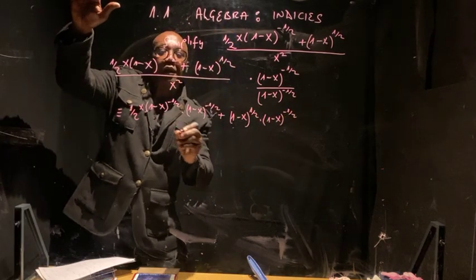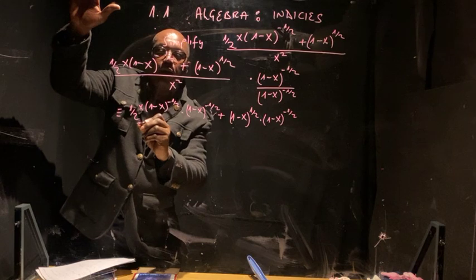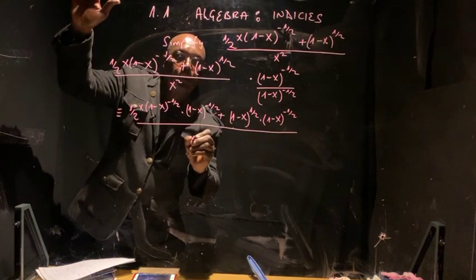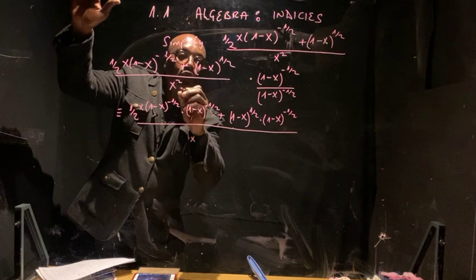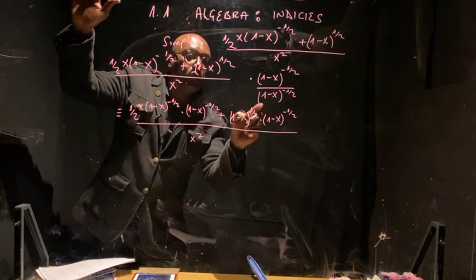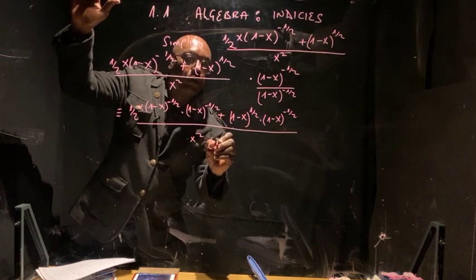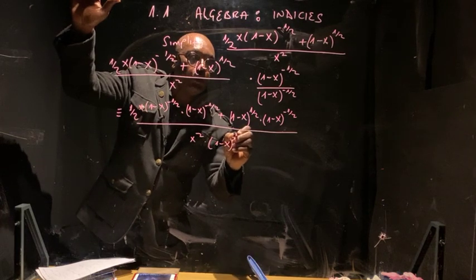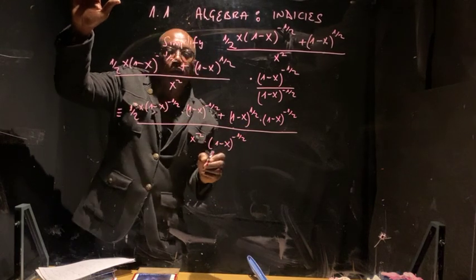Good. Then all over x squared multiplied to 1 minus x raised to the power negative half. Good.